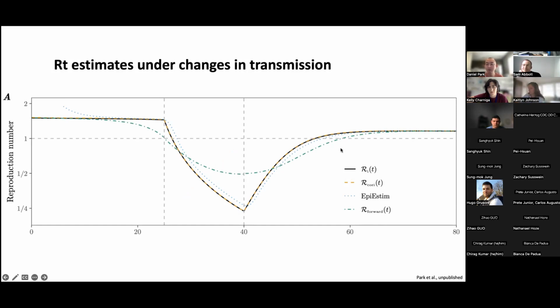I think in the literature some people have talked about trying to incorporate these changes in R_t into the generation interval to better estimate.